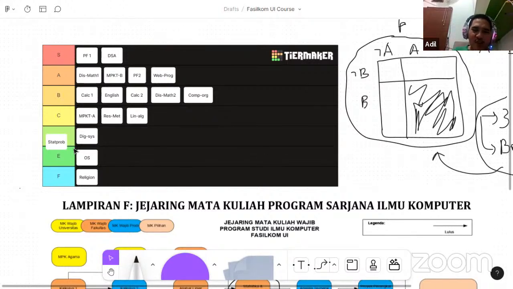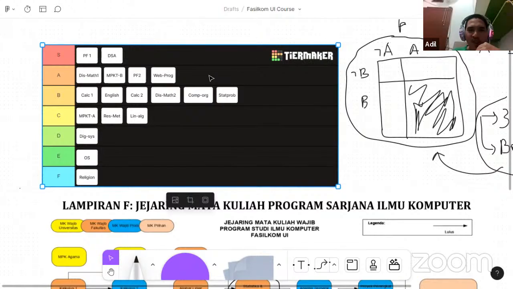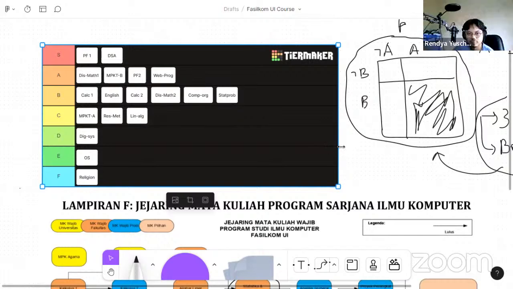For that reason, I think I can only put B, high B or low A, but not that good.